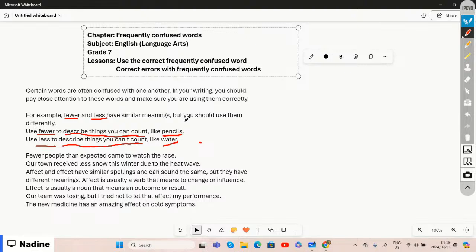You need to try not to confuse the two. You need to pay close attention to these words and make sure that you use them correctly.